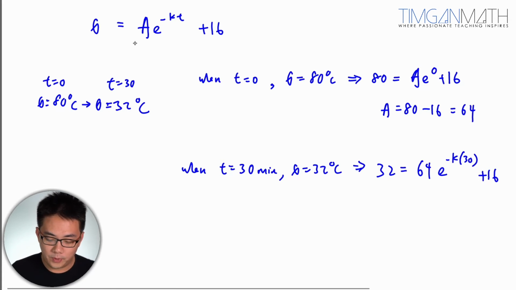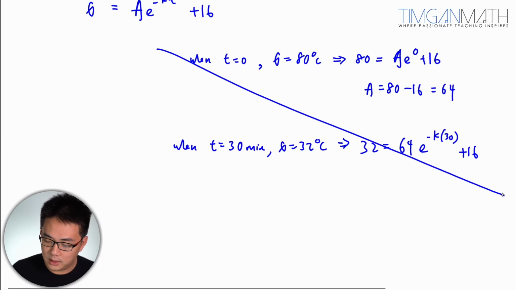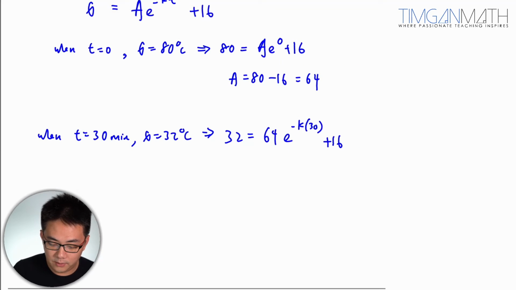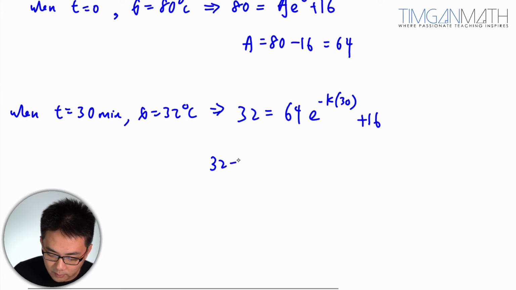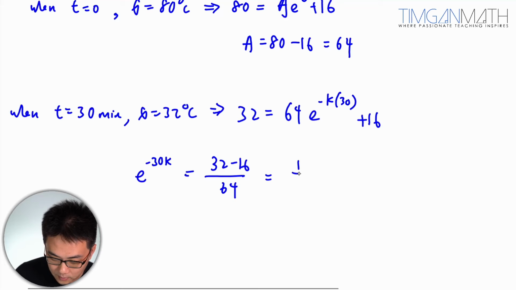Okay, so now that I have A as 64, I'm just going to replace 30 and so on into this expression here. So that's pretty okay. Once this is done, what we need is actually just to solve for our k. So e to the minus 30k will just be 32 minus 16 over 64. So this is 32 minus 16 over 64, which is actually 1/4.